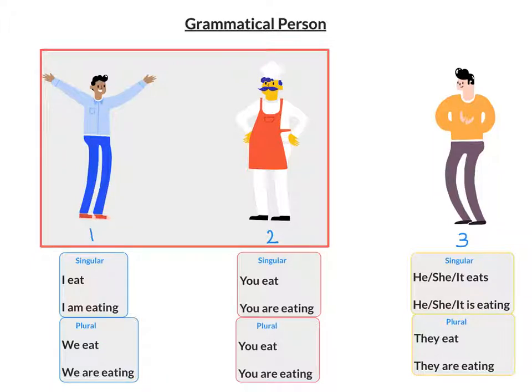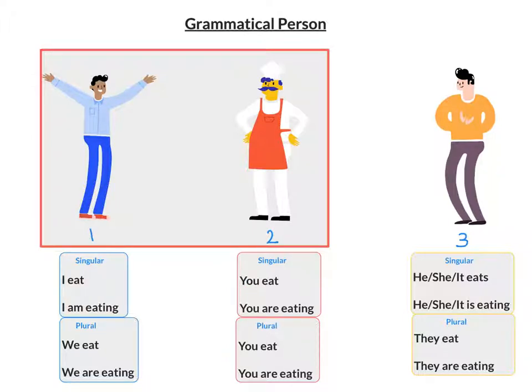The second person is the person who is being talked to, and this person who's listening is doing the action, and this person may say you eat or you are eating. And if there are many people, he may again say you eat or you are eating. In English, there is no differentiation between singular you and plural you.